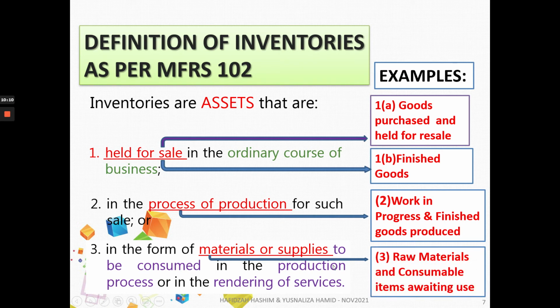Material or supplies relating to the raw materials that are to be consumed in the production process, and also some other consumable items that are awaiting use in the production process or in the rendering of services.